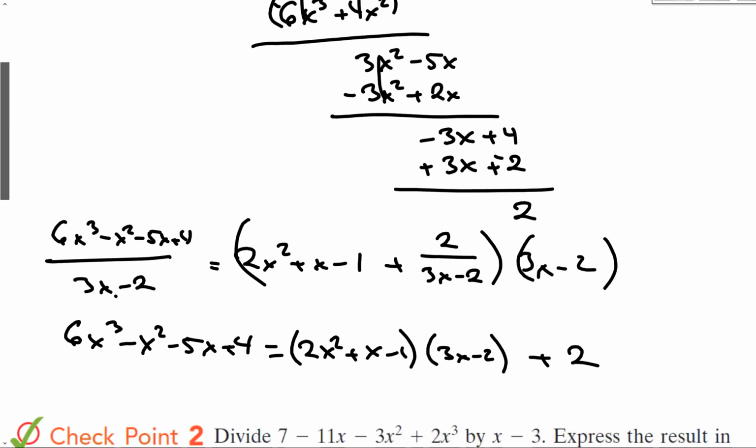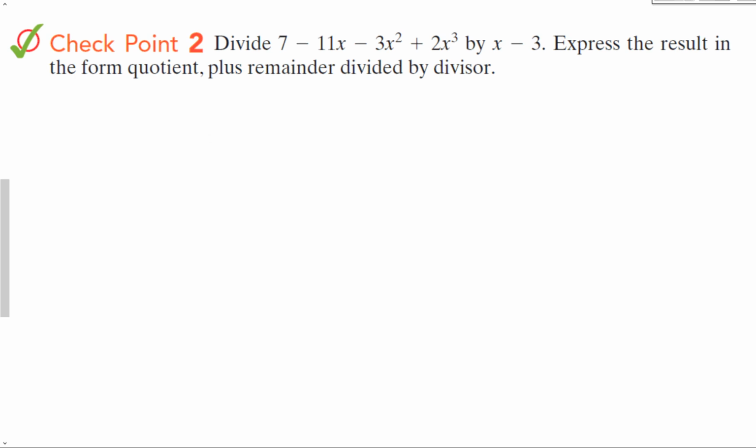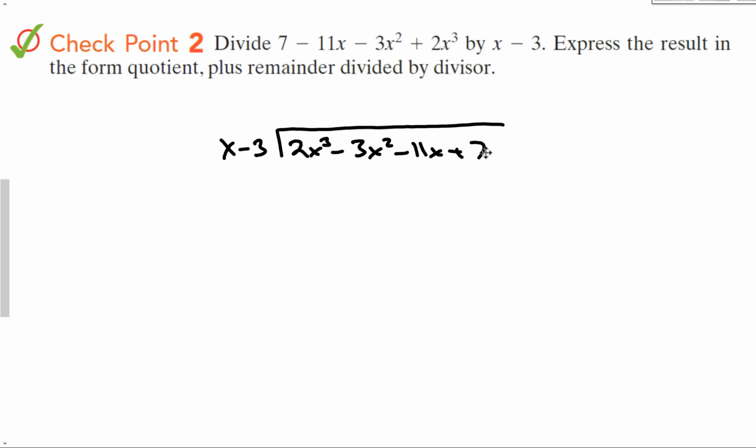Let's do another problem. We're going to go with x minus 3. And we're going to divide 2x to the third minus 3x squared minus 11x plus 7 by x minus 3. Everybody, make sure you realize that's how I rewrote this in standard form, biggest exponent to smallest exponent.